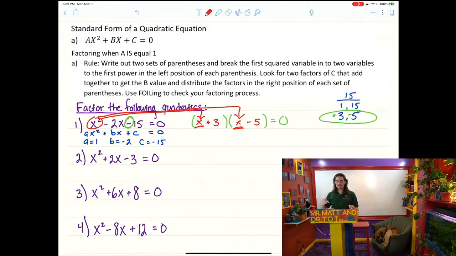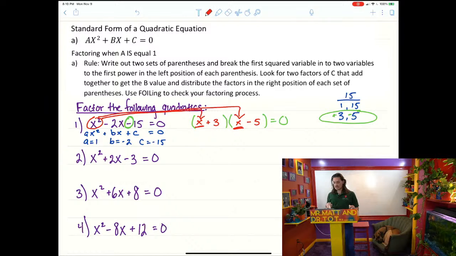When a is not equal to 1, the harder version of factoring, that's when we have to massage the value. We have to take into consideration what's going to happen when we FOIL out to get that b value, and we reduce the value by that coefficient, or in other words, we divide the factor by that coefficient. But here you don't have to worry.